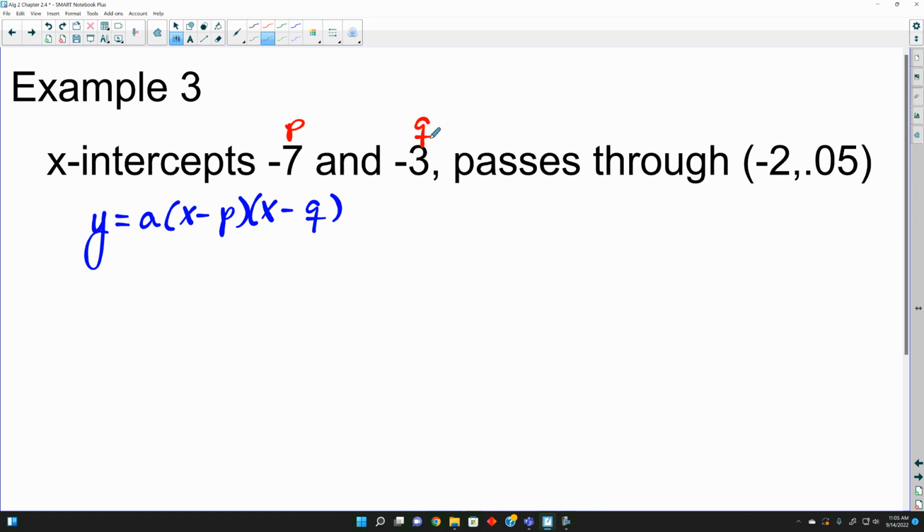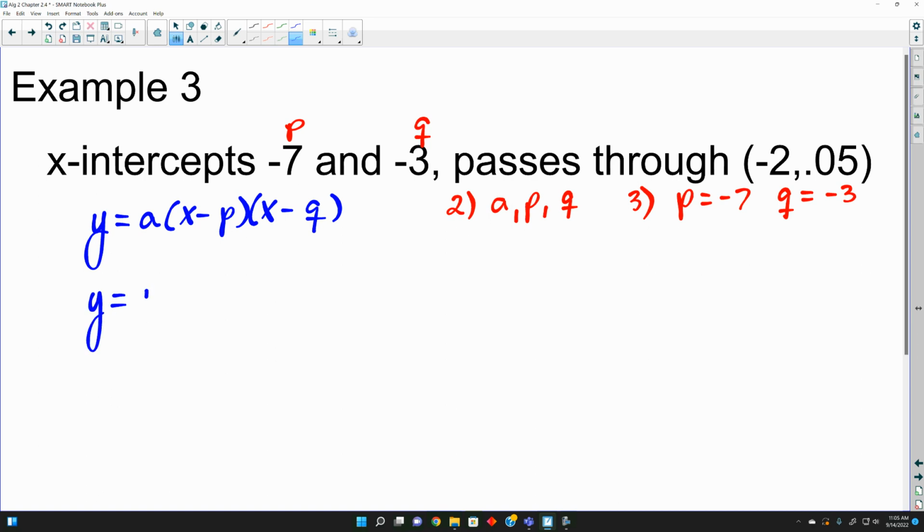Now, I did skip over the fact that, for our part 2, our variables are A, P, and Q. And we know P is -7 and Q is -3. Now, what do you think we do next? Do we plug P and Q back in?